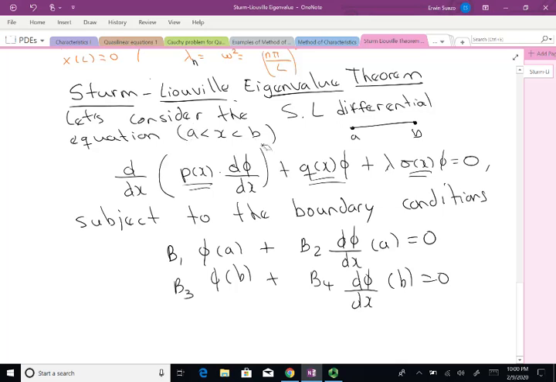Let me erase all this. It is this differential equation subject to these boundary conditions. So the possibilities are as many as you want. It's really extraordinary. So let's go to the statement of the theorem.